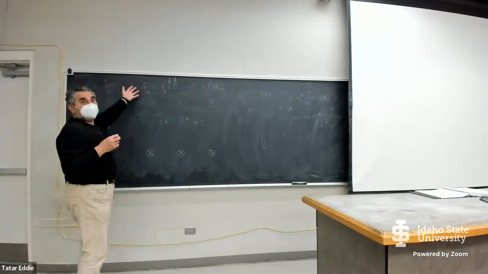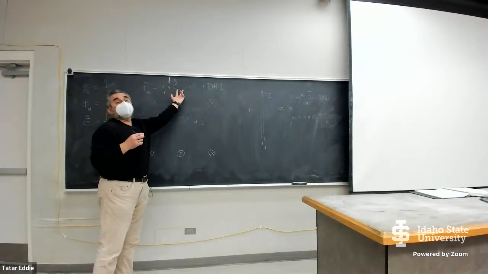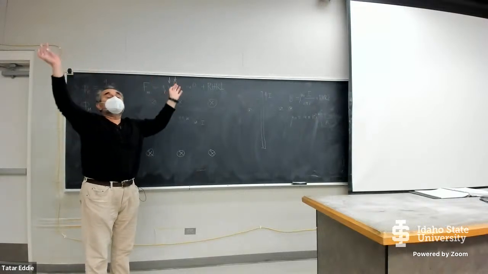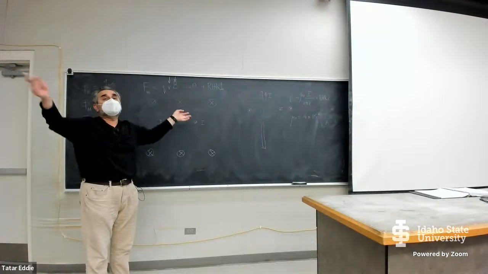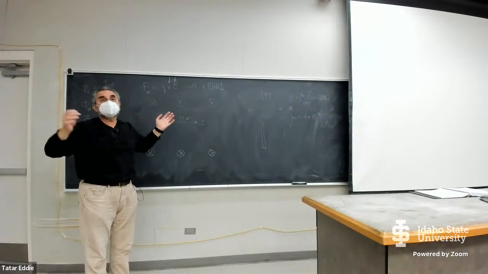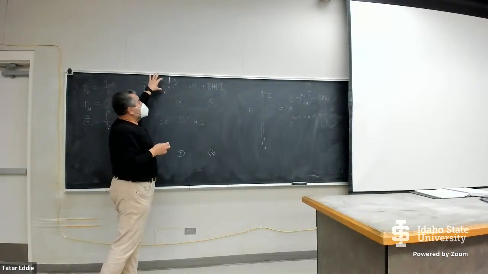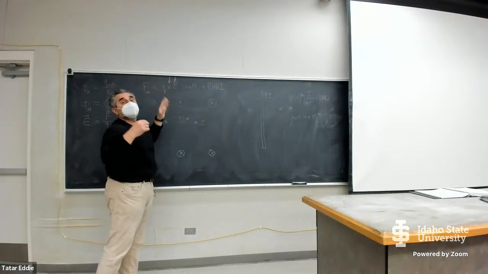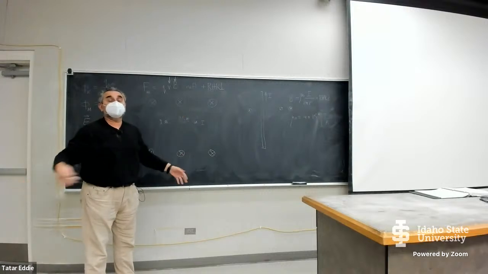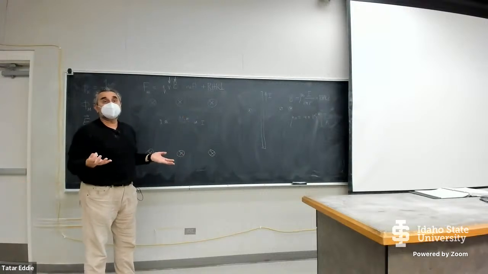With the first right-hand rule, you already have some magnetic field created by some other means, permanent magnets or other currents. And you have a charge or a current in this previously created magnetic field.